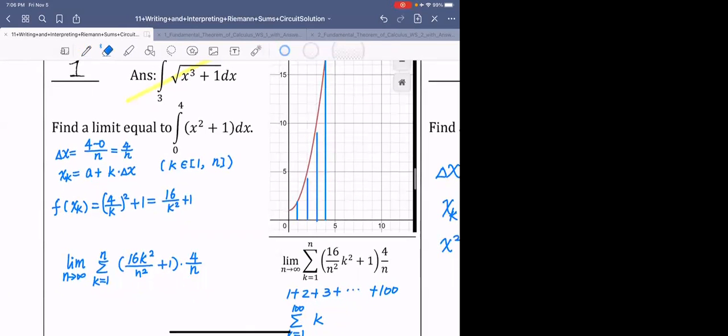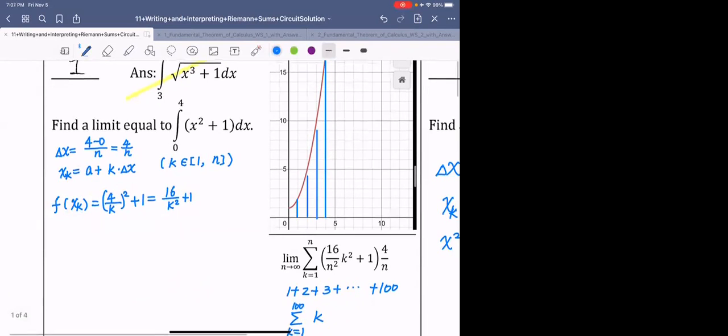And then the last step, we are going to change this to the limit format. Okay, so we are going to do the limit. We have to keep this habit. By the time we make it infinite subintervals, it's going to be exactly equal.